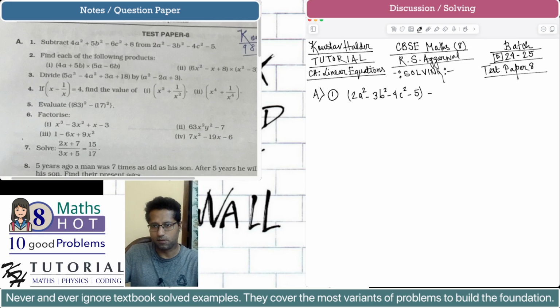From this expression, we have to subtract 4a square plus 5b square minus 6c square plus 8.